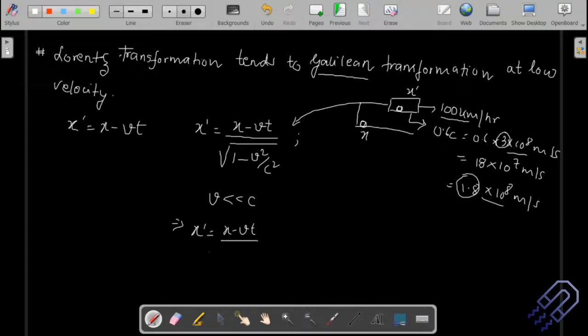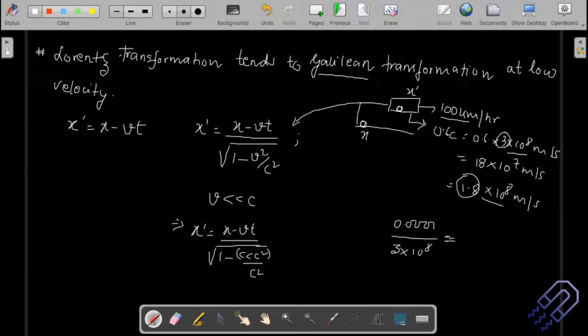Divided by root over 1 minus v square. And what is the value of v? V is very small compared to c, so that means it's very less compared to c, divided by c square. It's very less. I hope you understand this, that if you take a very low value, let's say 0.0001 divided by maybe 3 into 10 to the power 8, which is the speed of light, square it, don't square it, doesn't matter.